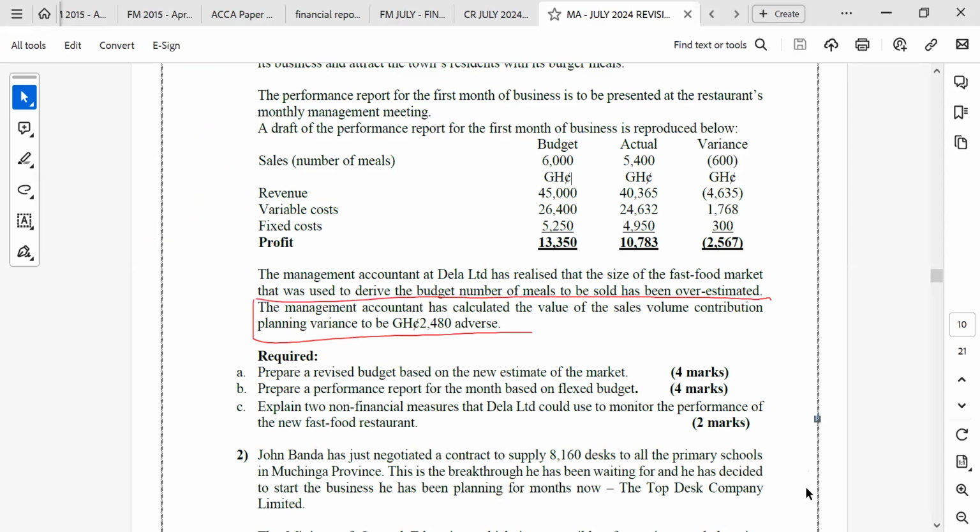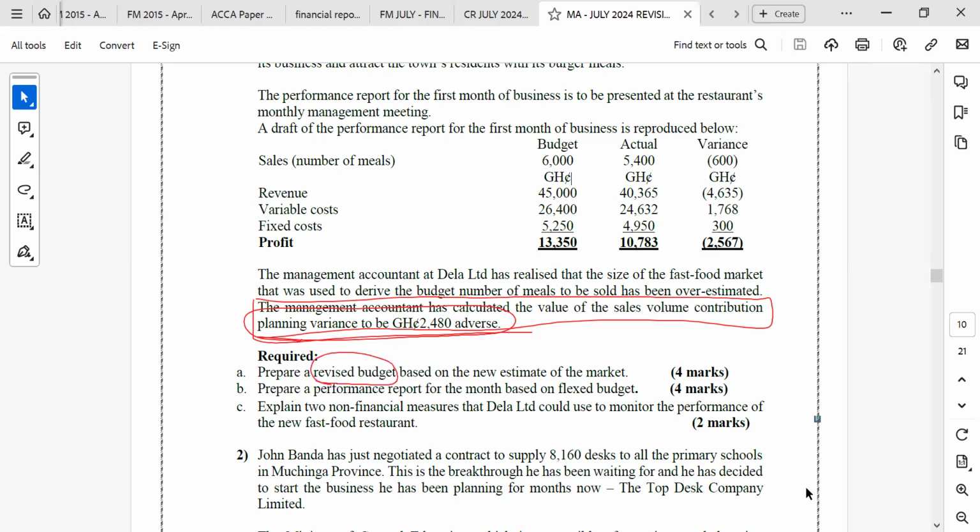This is a sales volume contribution. So the question now is, how do we calculate the sales volume contribution planning variance? This planning variance is between the top and the middle. Since they are calculating the sales volume planning variance, it means that the budget has been revised and they are asking you to prepare a revised budget.